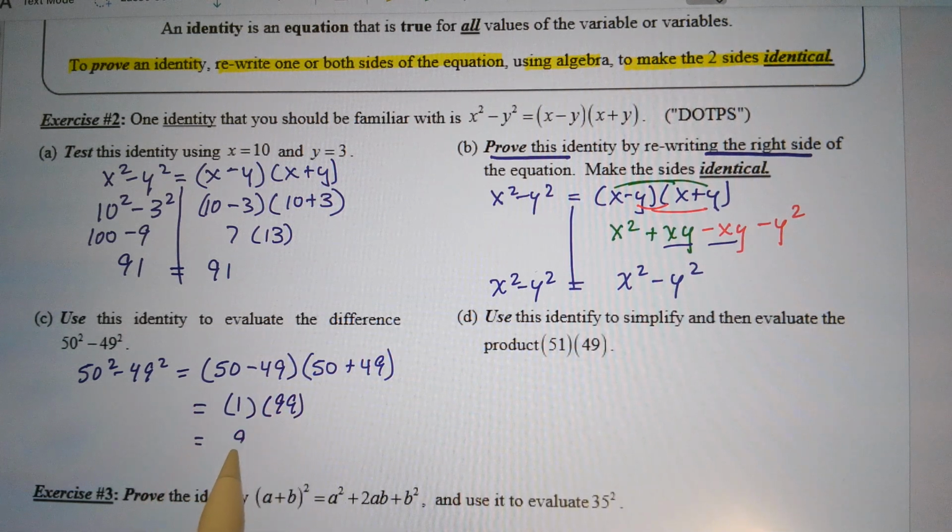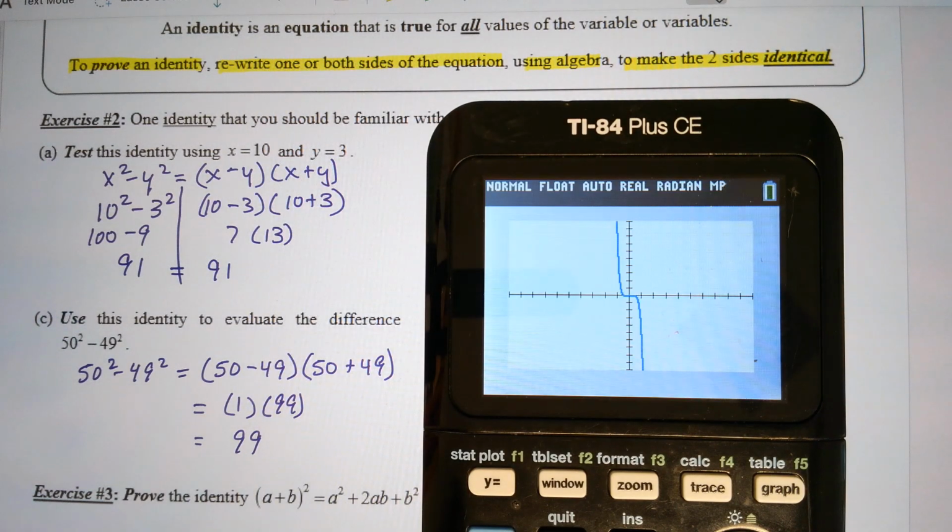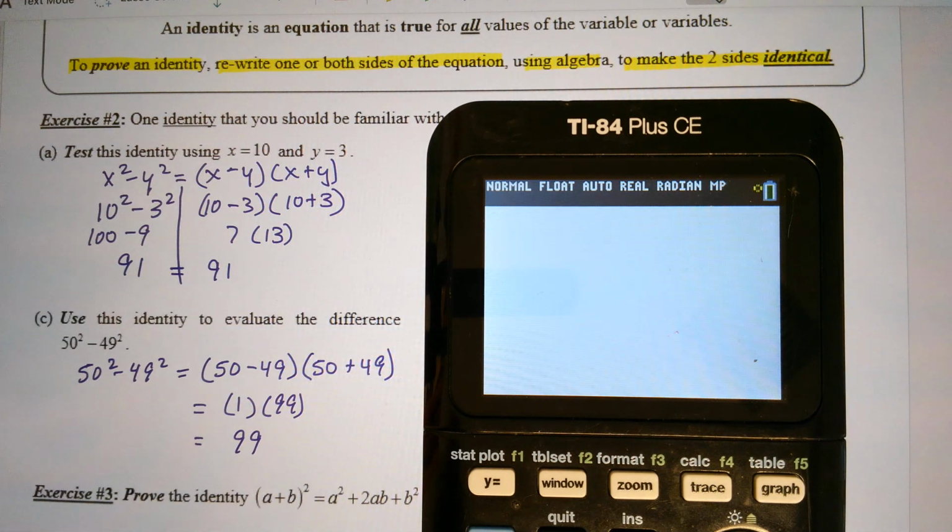It's equal to 99. And check on the calculator. 50 squared minus 49 squared is 99.